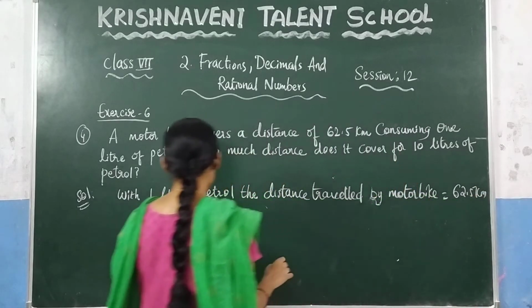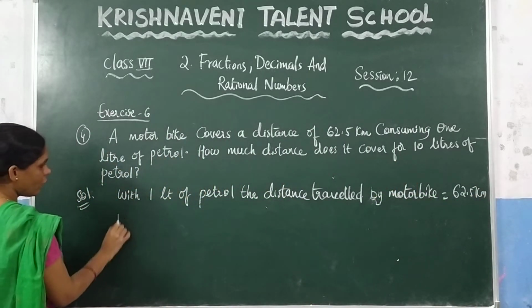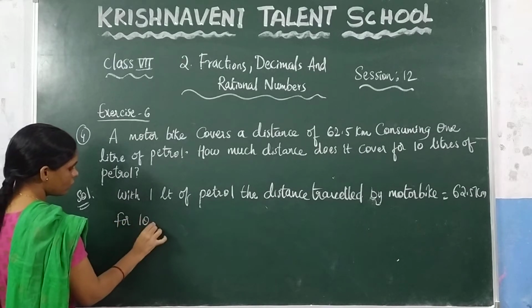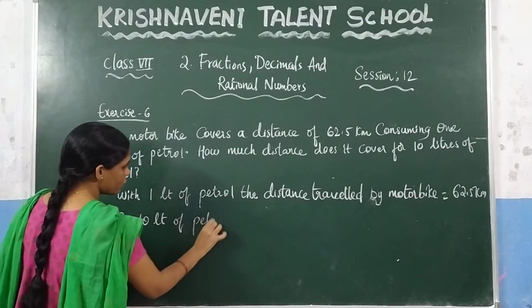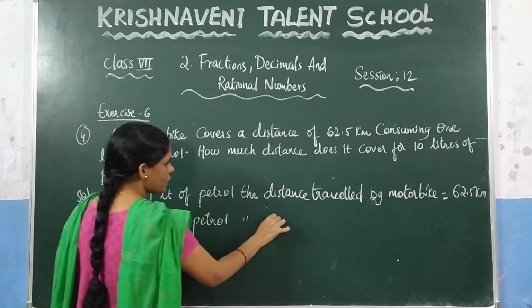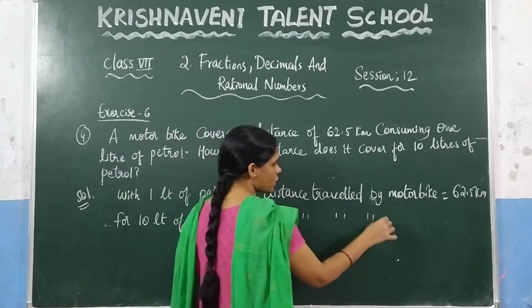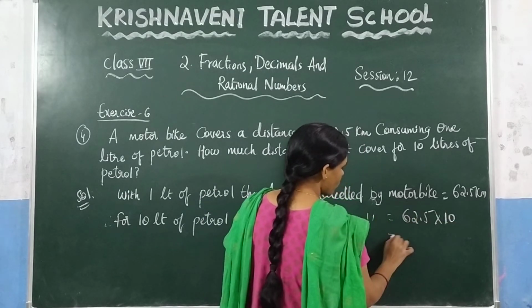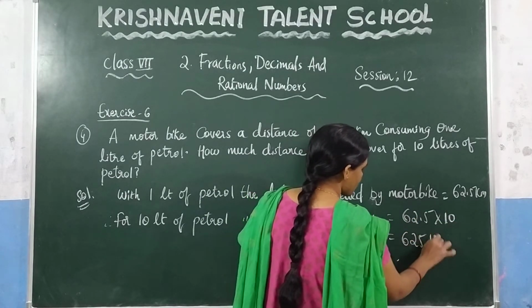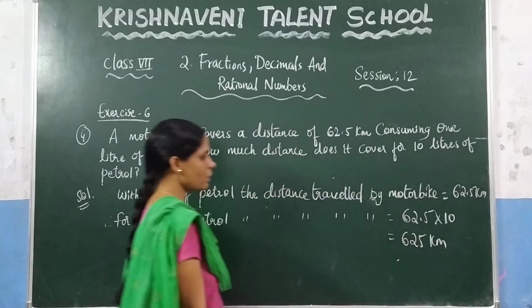Now in the question they asked for 10 liters of petrol. Therefore, for 10 liters of petrol, the distance travelled by the motorbike, you just need to multiply 62.5 into 10. So what do you get here? 625 kilometers. This is the problem.